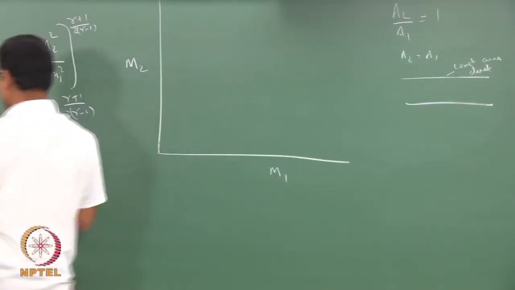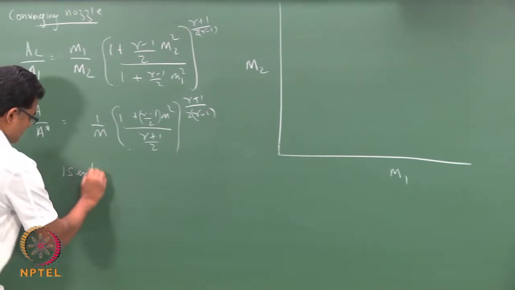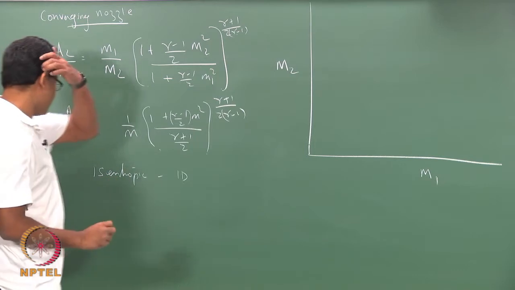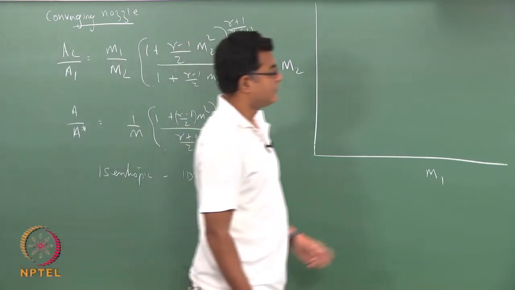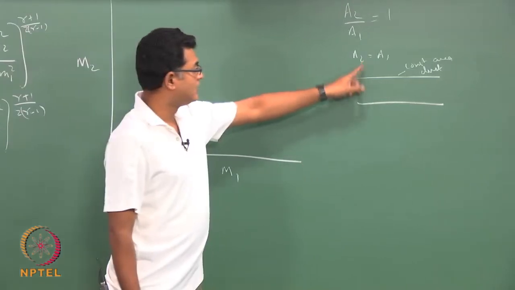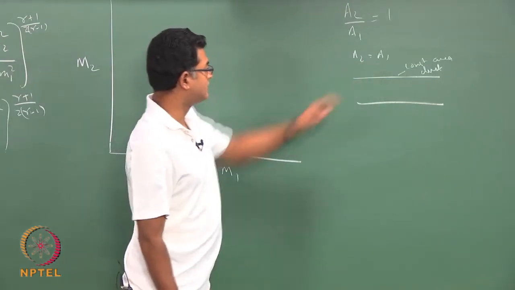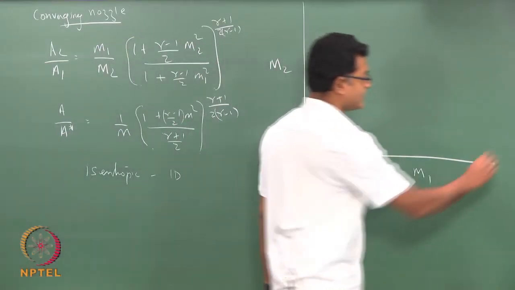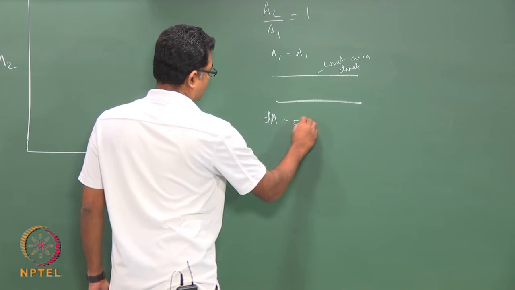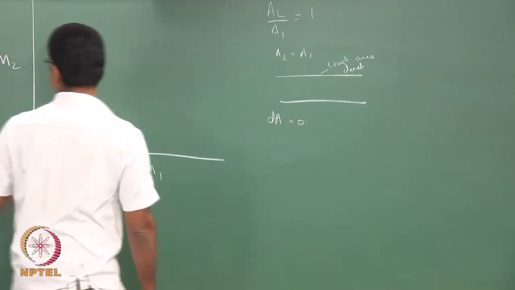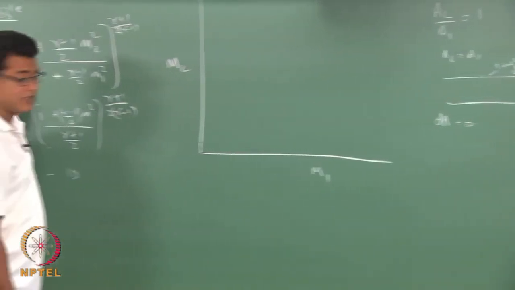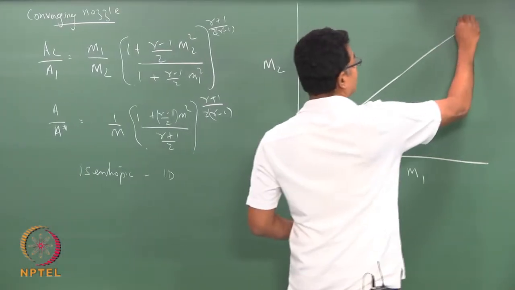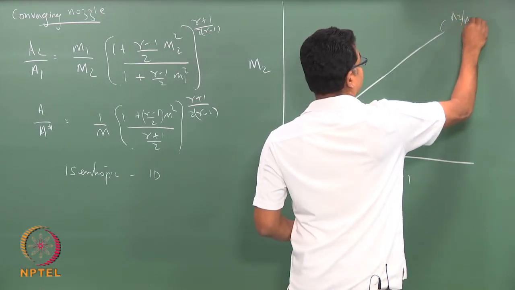Remember, this equation is isentropic and quasi 1D. So with that assumption, if I substitute this, my M1 is always equal to M2 because there is no area change, dA is 0. So I would get a 45 degree line here where A2 by A1 is 1.